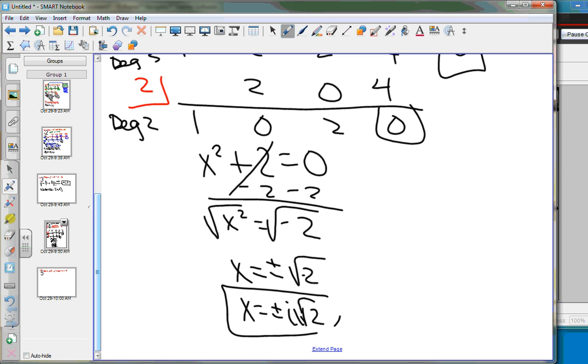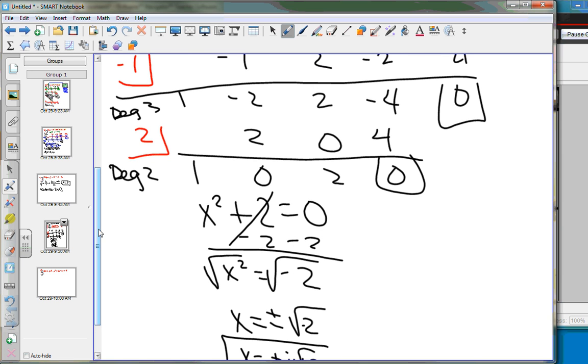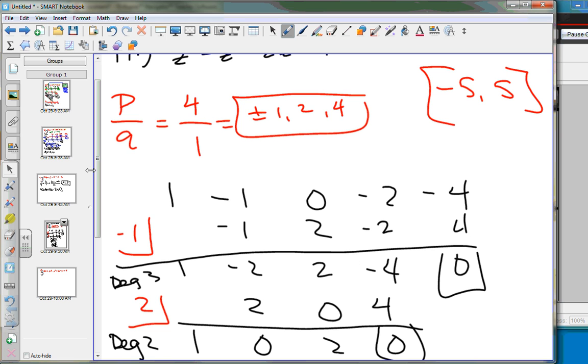Now, today you don't have to go this far. What your brain needs to understand is whenever you do synthetic division, if you get this far and you know you can't solve it, you're done. If you understand from the beginning that it's going to have imaginary roots, do I have to do synthetic division? No. If your brain grasps this and knows that the only real roots are going to be -1 and 2, then you're done.